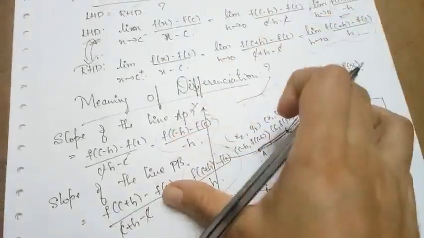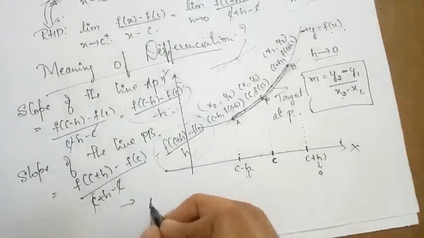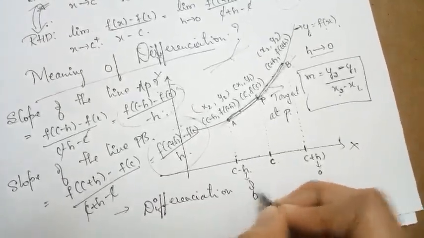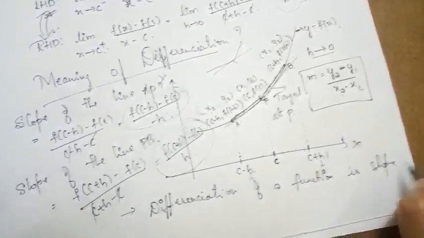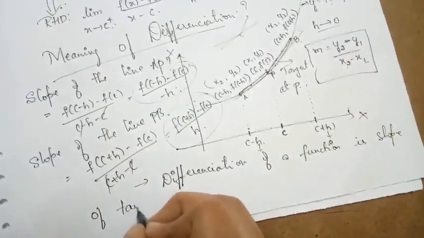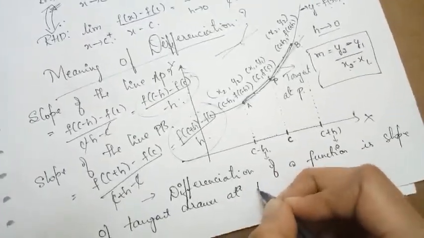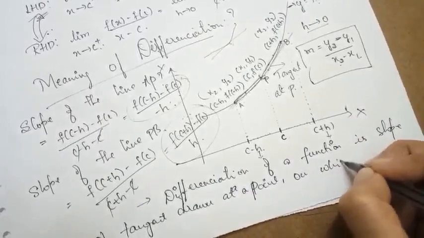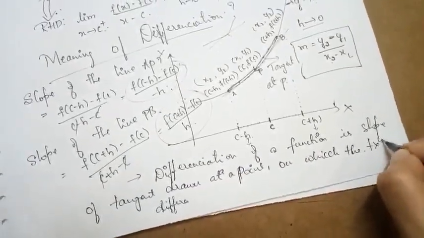So through this graphical representation I can define differentiation or the derivative as: differentiation of a function is the slope of the tangent drawn at a point on which the function is differentiated.